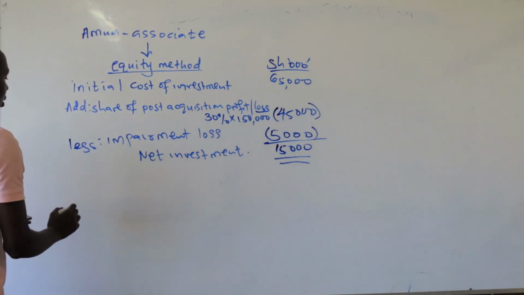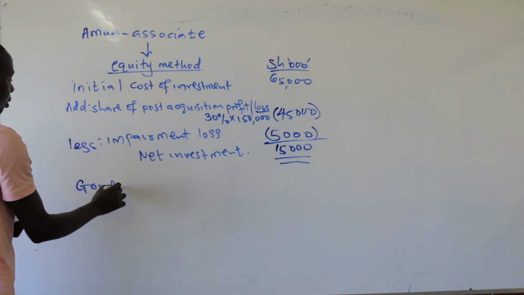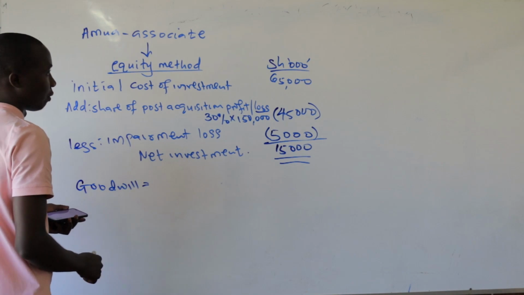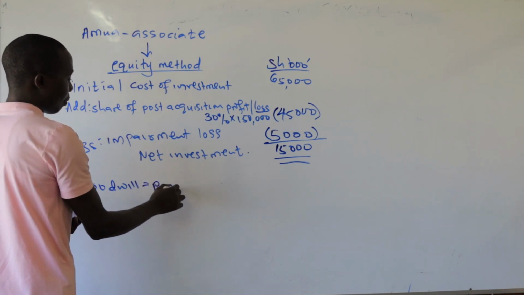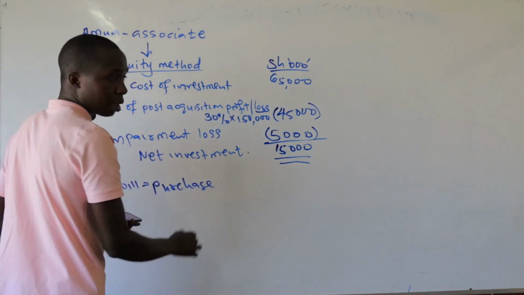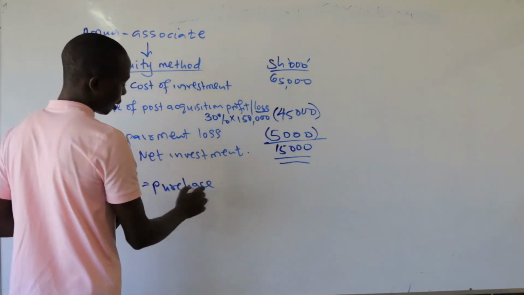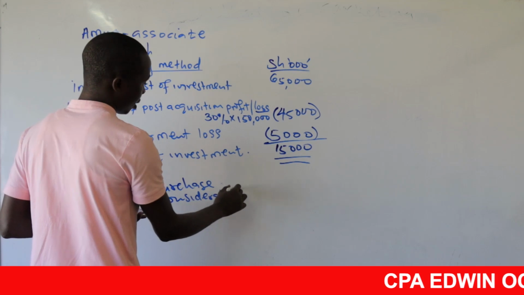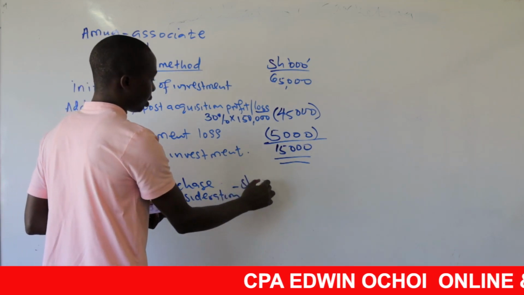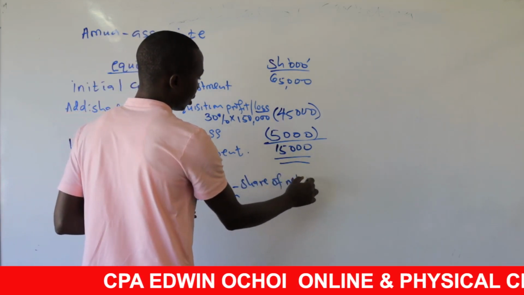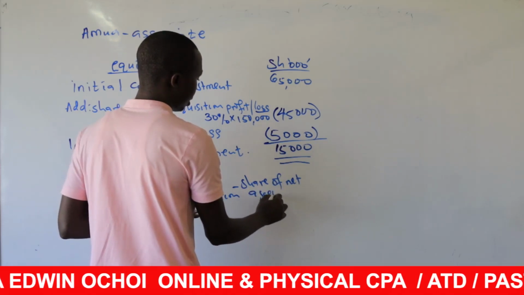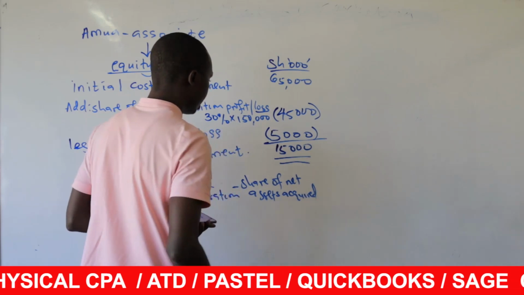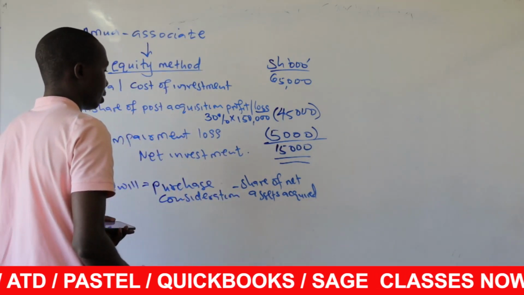The next thing which was required is all about goodwill, of which we always say that goodwill is the purchase consideration minus the share of net assets acquired.